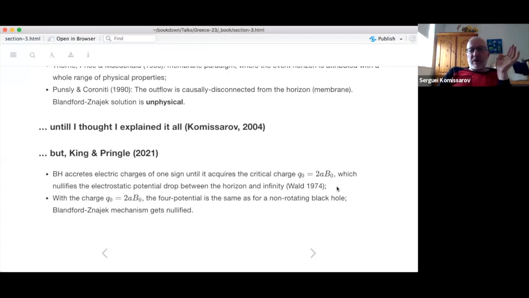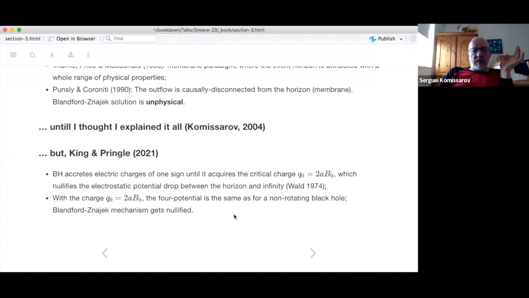So if there is no potential drop, then there is essentially no electric field which can drive the current. Right, and then Pringle noticed that for this value of the charge of the black hole, the Wald charge, the potential looks exactly the same as for a non-rotating black hole without charge.